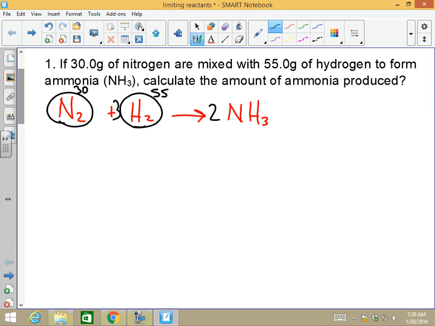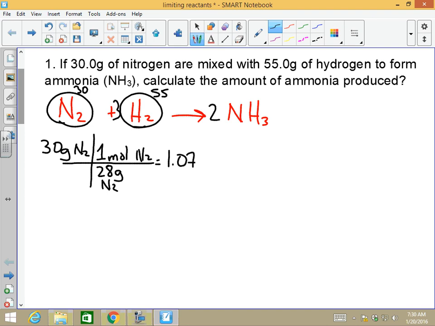You have 30 grams of nitrogen, which you cancel with the mass of N2, 28 grams, because there are 2 of them, for 1 mole of nitrogen. Multiplying 30 times 1 divided by 28, you end up with 1.07 moles of nitrogen.